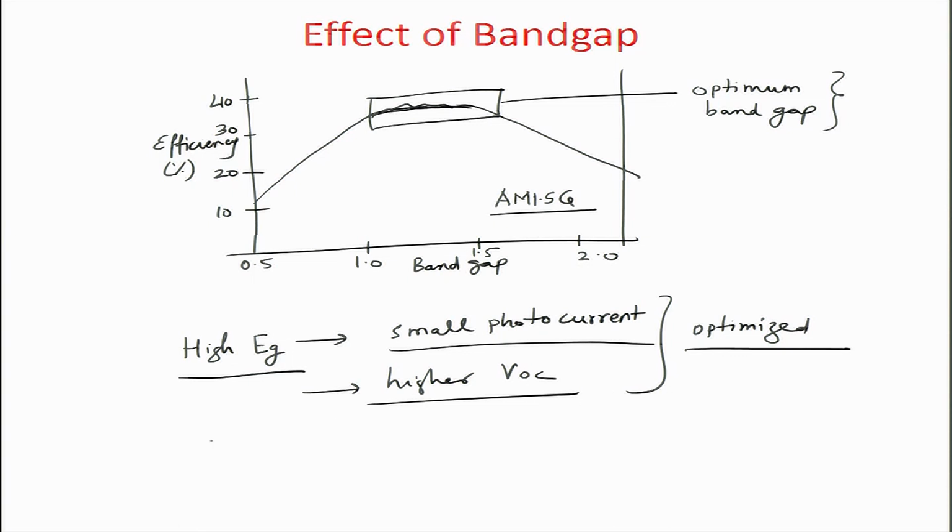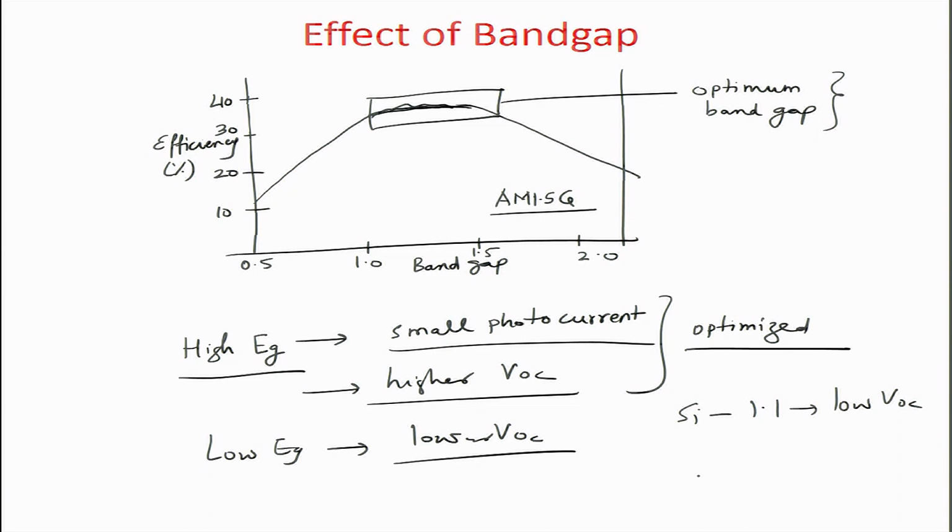On the other hand, you can see the low EG gives rise to lower VOC. So, lower working voltages are obtained for lower EG, and higher EG will give you higher voltages. So, you will see, for example, silicon which has a band gap of 1.1 electron volt, it will give you lower VOC, but something like perovskite or organic, where the band gaps could be 1.5 or even higher, they will give you higher VOC.